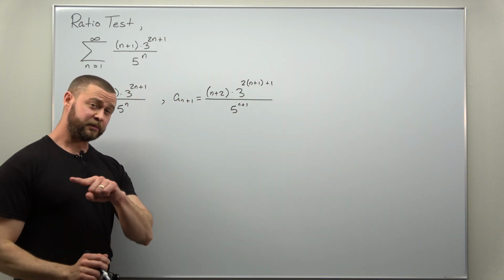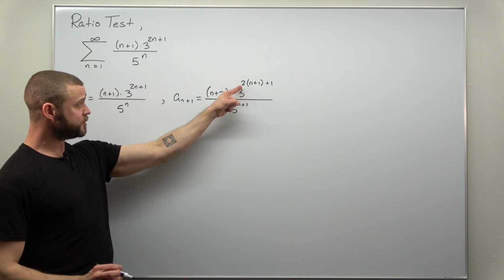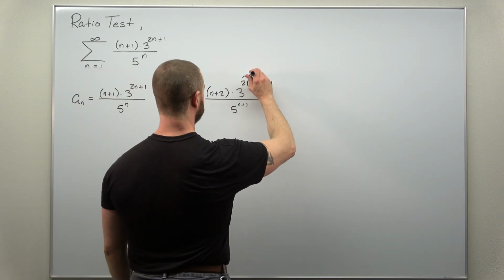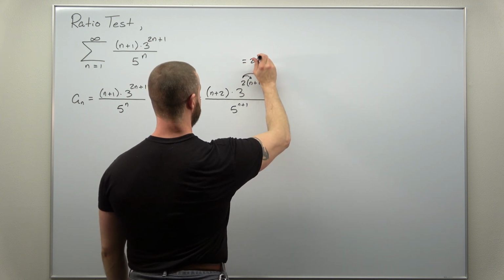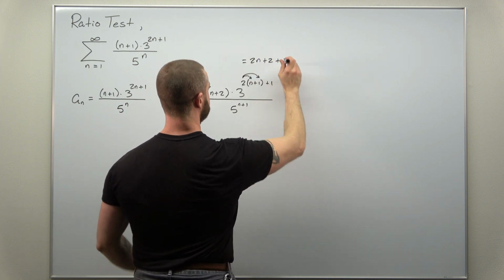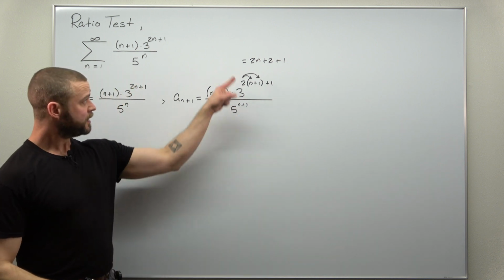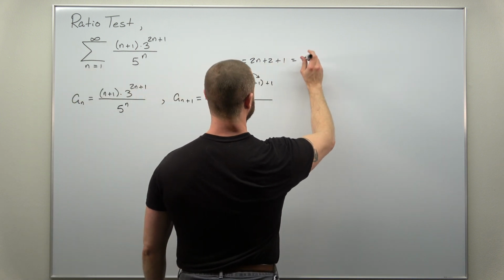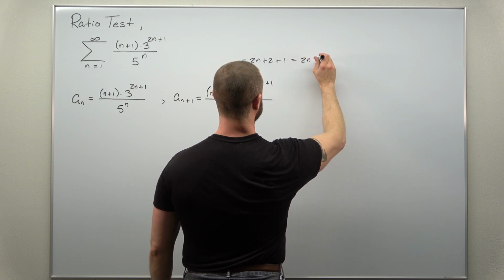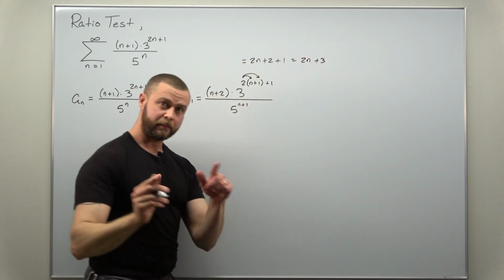All right, now there's some simple work that we can do. We can distribute that 2 basically through the parentheses. It looks like we're going to get that as 2n plus 2. And then we have the plus 1. And it looks like we can simplify the exponent of 3 as 2n plus 3.